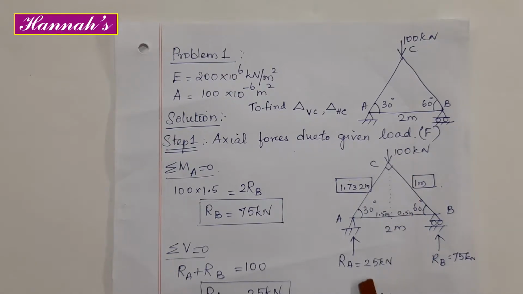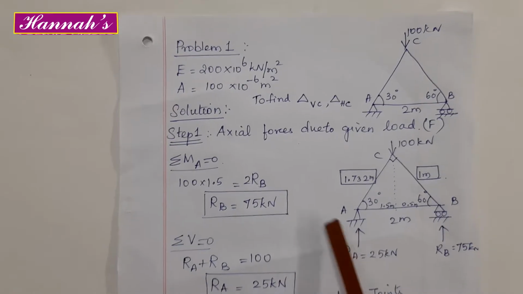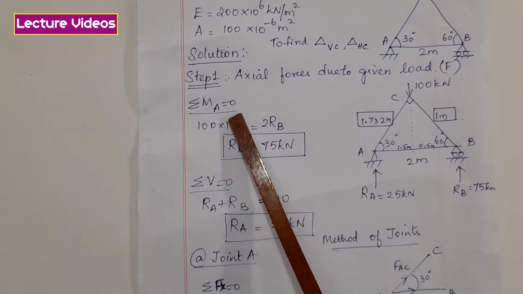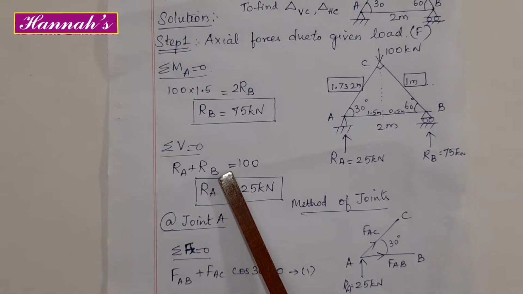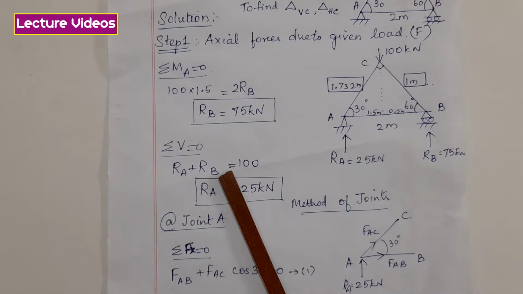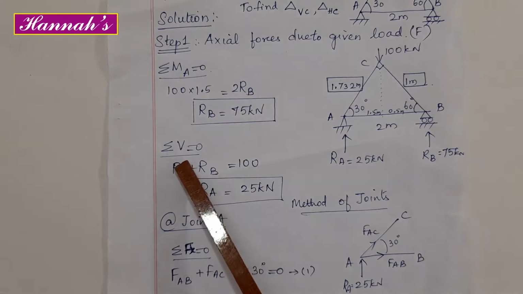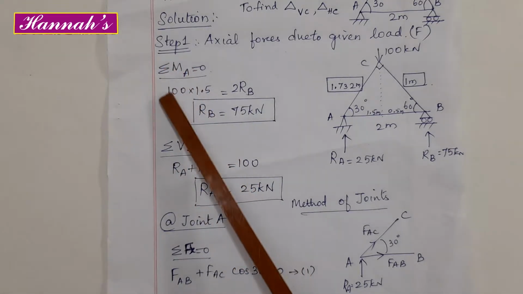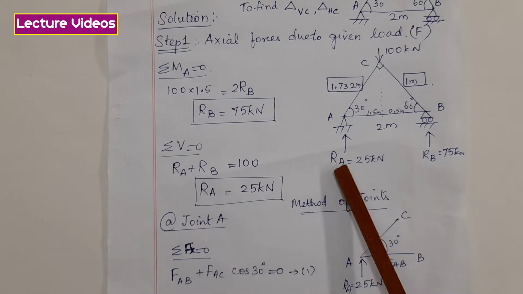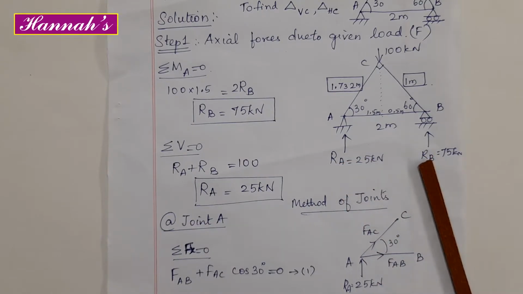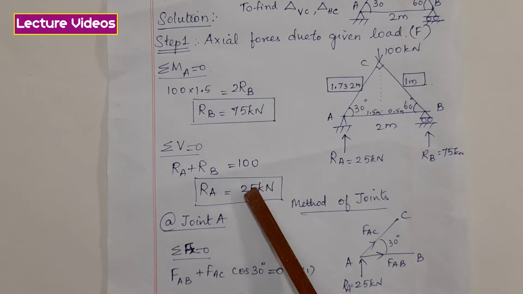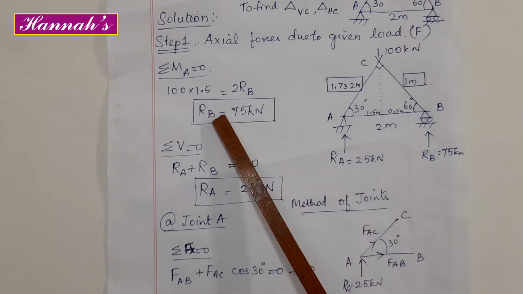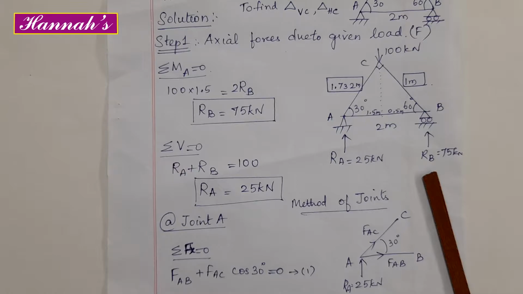We have static equilibrium equations, sigma MA equal to 0, sigma V equal to 0 and, if required, sigma H equal to 0. I can make use of these static equilibrium equations to find the unknowns at the supports, or the support reactions. Here it is determined as RA equal to 25 kilonewton, RB equal to 75 kilonewton.